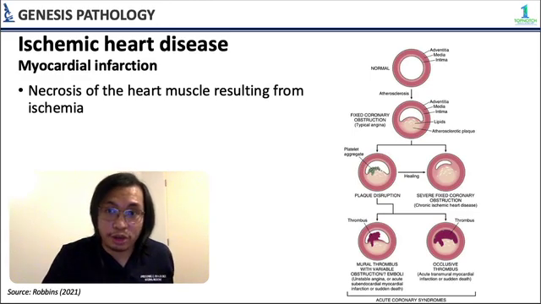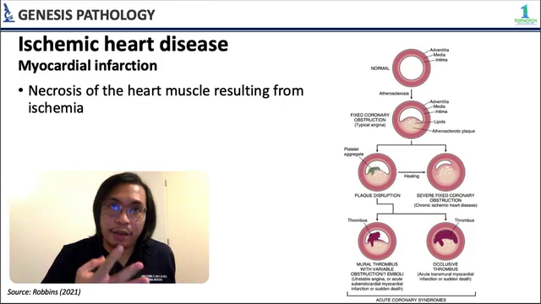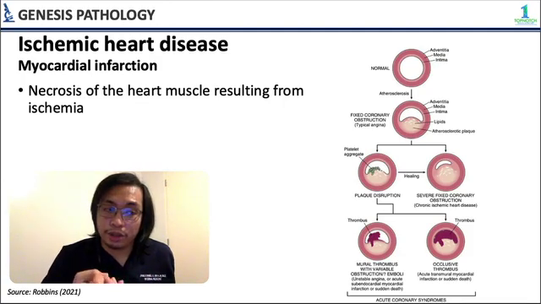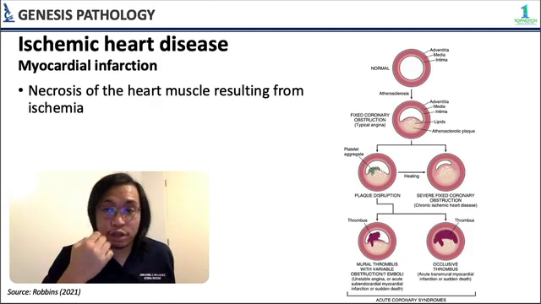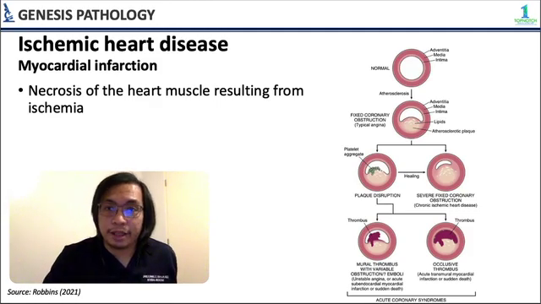This will cause necrosis of the heart muscle resulting from ischemia. Okay, now, most myocardial infarctions are caused by acute thrombotic obstruction. So, usually, magra-rupture yung atherosclerotic plaque mo. It will cause a local thrombotic reaction, then will cause obstruction of your coronary artery. Okay? Due to rupture of your atherosclerotic plaque.